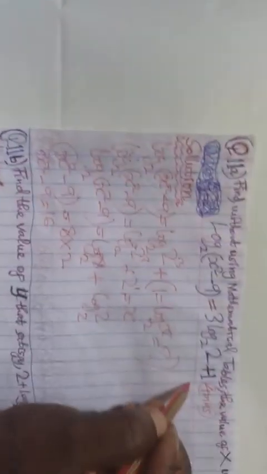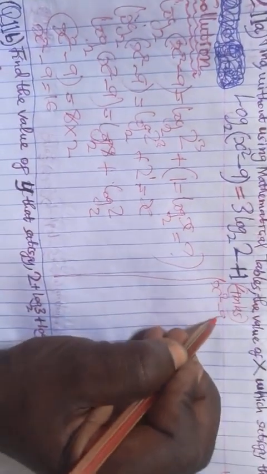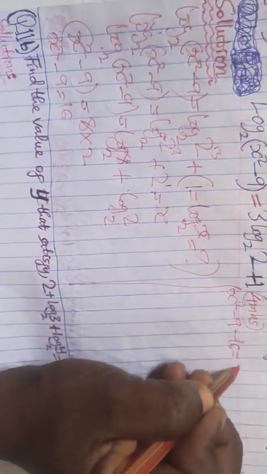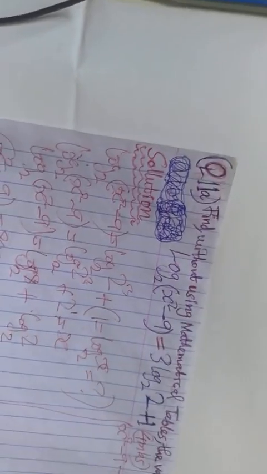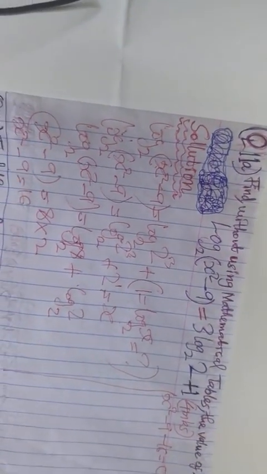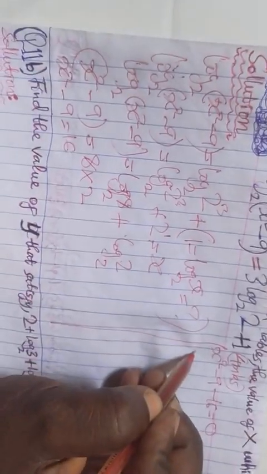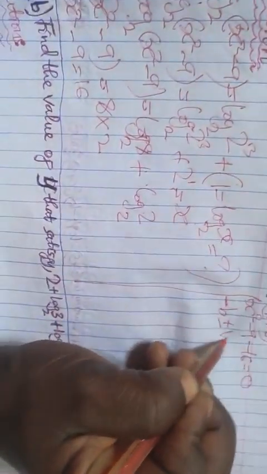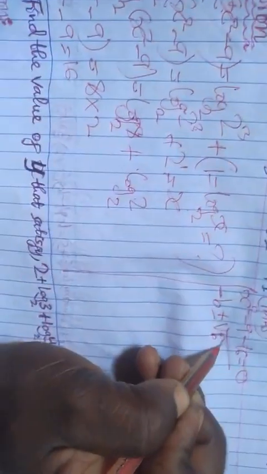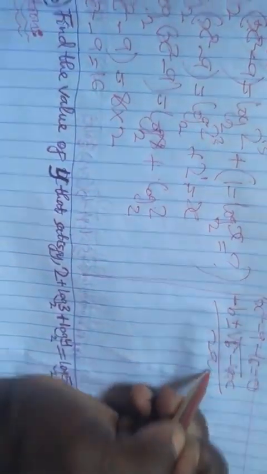Hence we say x squared minus 9 minus 16 is equal to 0. Since we have arrived at a quadratic equation, we can use any formula or method to solve it. Let us use negative b plus or minus the square root of b squared minus 4ac all divided by 2a.